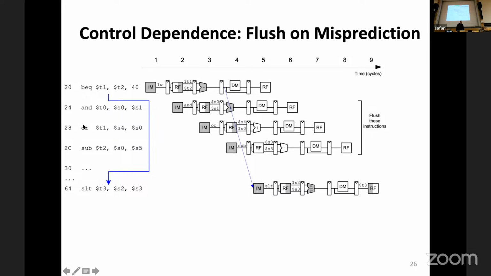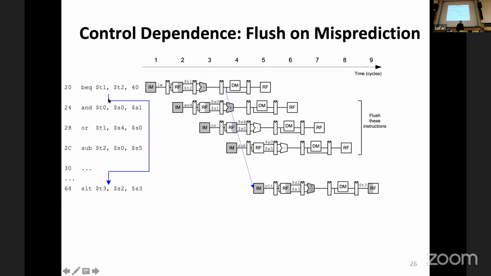There are also some later instructions at instruction pointers 24, 28, 2C, which are in hexadecimal, and this is 64, which is the destination of your branch. So if this branch is taken, you need to go to this instruction to do the SLT operation.